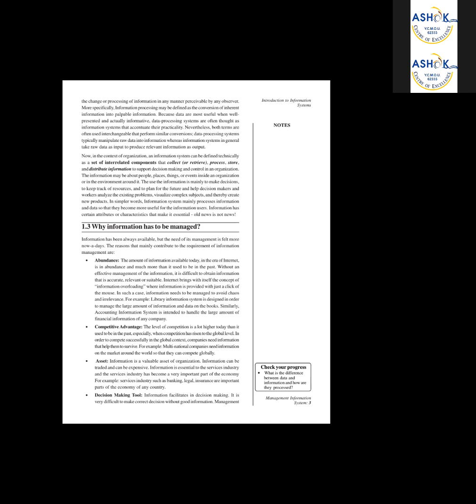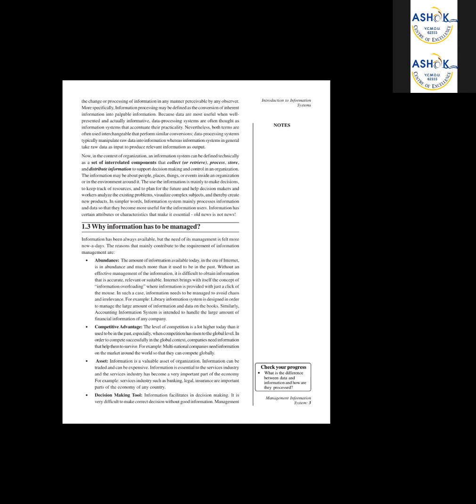Because the data are most useful when well presented and actual informative, data processing systems are often known as information systems. Nevertheless, both terms are often used interchangeably as they perform similar conversions. Data processing systems typically manipulate raw data into information, whereas information systems in general take raw data as input to produce relevant information as output.